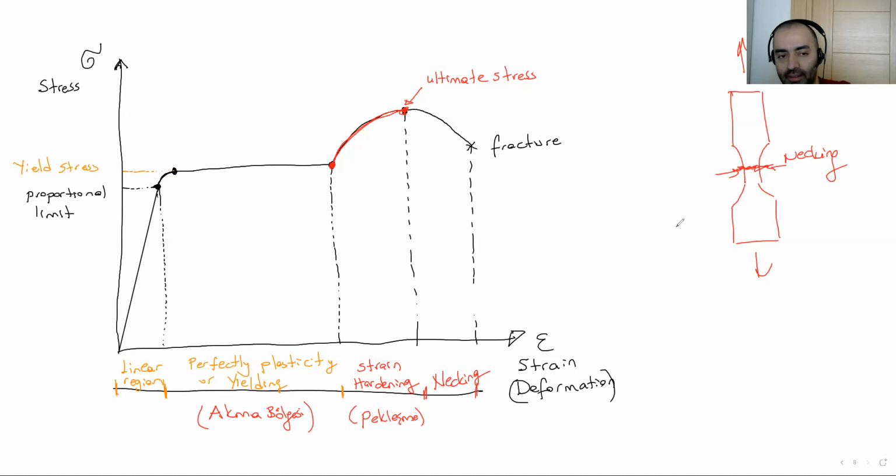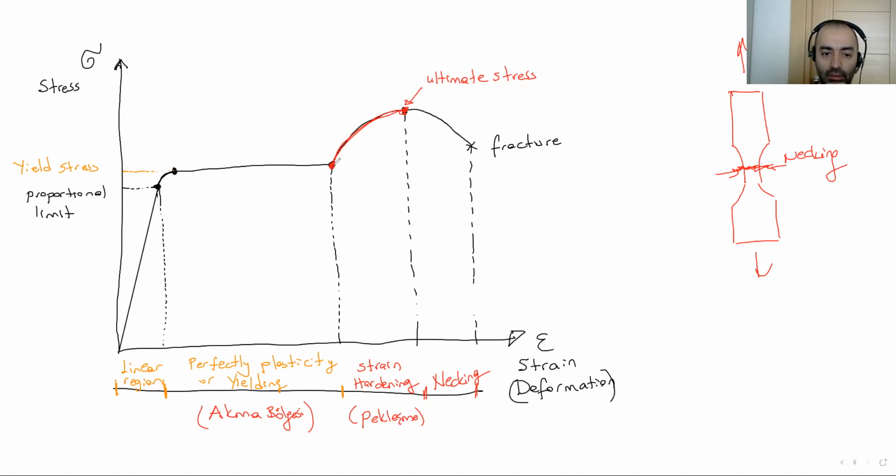And this test stops. So we have 1, 2, 3, 4 portions on the curve. The first portion is linear portion, linear region. The second part, no increase on stress, but deformation or strain increases, a significant amount of increase can be seen at this region.